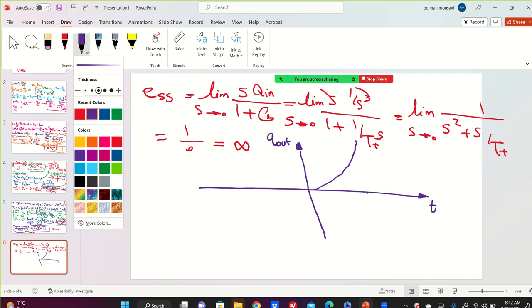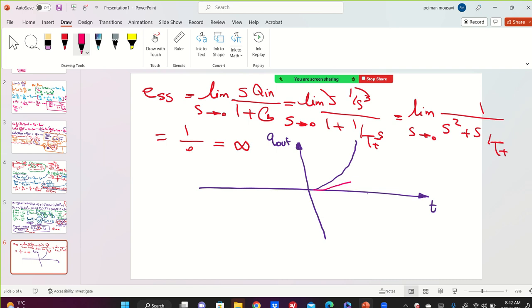And we saw that the error signal increases with time. See? This is the error signal, increases with time. So this is Q out.